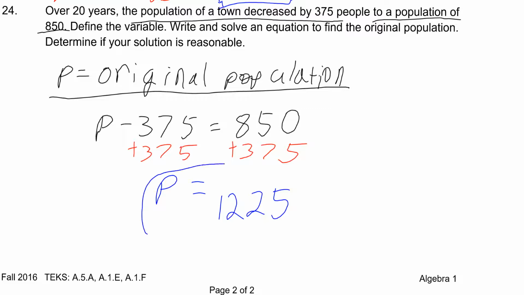Now, in order to check that, all you'd have to do is do 1225 minus 375, and you would find that that does equal 850. And is that reasonable? Yes, it is quite reasonable to have a town that originally had a population of 1225 and for it to decrease over that long of a period of time. So, there you have it.